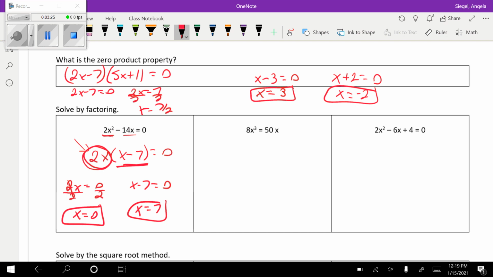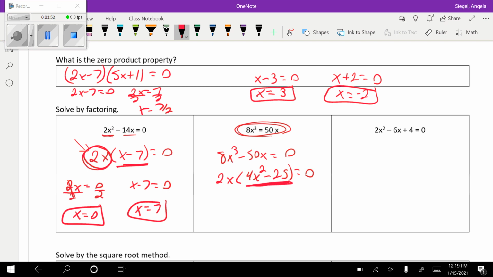Another thing to keep in mind when you are solving is almost all the time you're going to want to set this equal to 0. So I'm going to go ahead and move this over and then find the GCF. And so I have, let's see, 4x squared minus 25 equals 0. Okay, well, this is a special binomial.